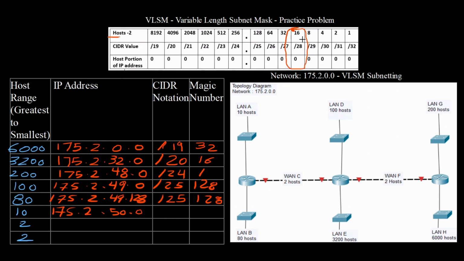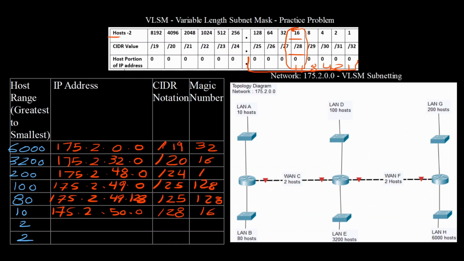So 16 is going to be /28. So the CIDR value is 28 for local area network A, and for the magic number, this is the fourth octet. This is the host portion. We're going to start 1, 2, 4, 8, and 16. So it's going to be 16.